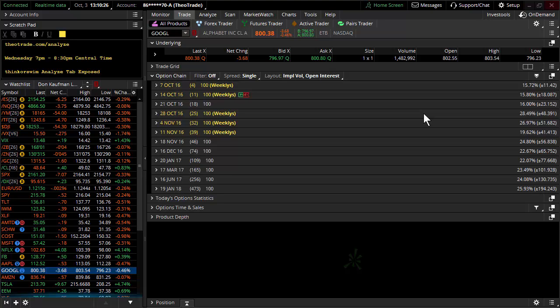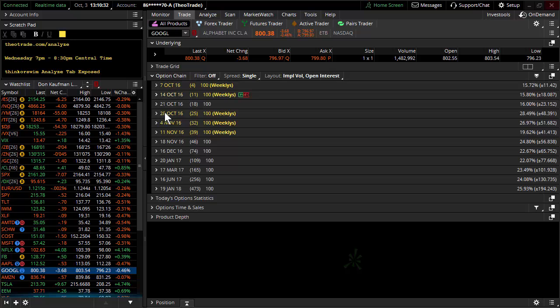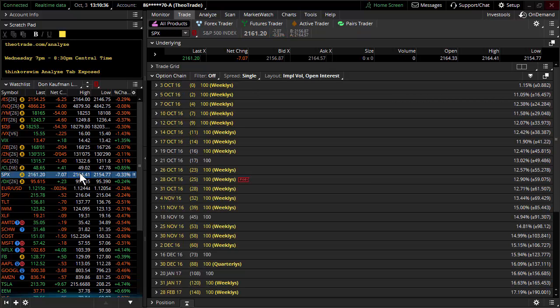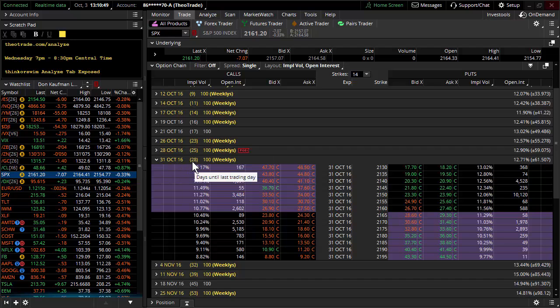So one of the strategies that we've been using a substantial amount has been what we term these in-out spreads. One of the places I can show you the in-out spreads is in a product like, again, the SPX. For example, if you wanted to take a bearish position for the next 28 days, here's the October 31 expiration that expires on Halloween itself.